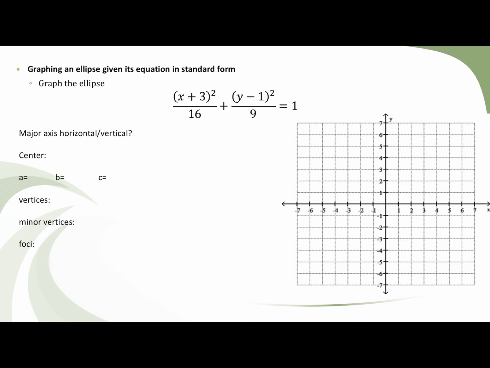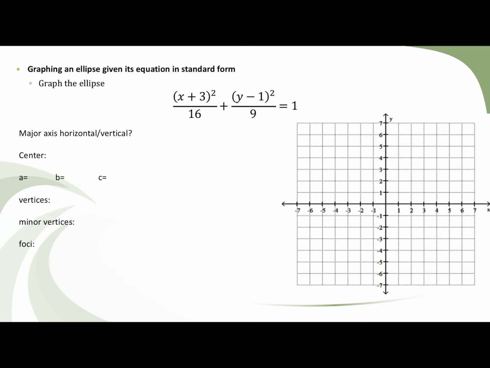So here is our first problem. And we're going to just find all these things out about it and then graph it. All right, so the first thing we want to look at is, is this going to be a horizontal major axis or a vertical major axis?